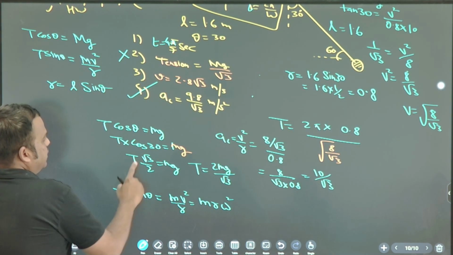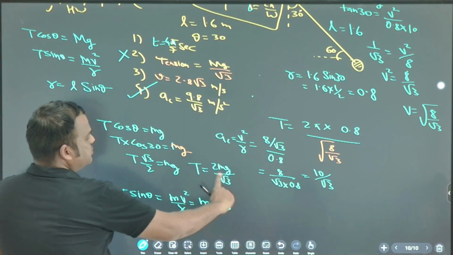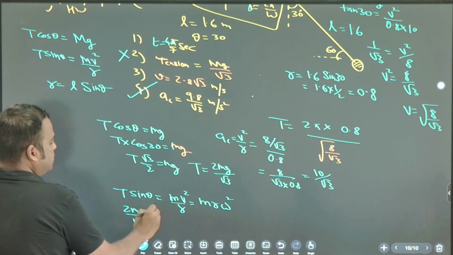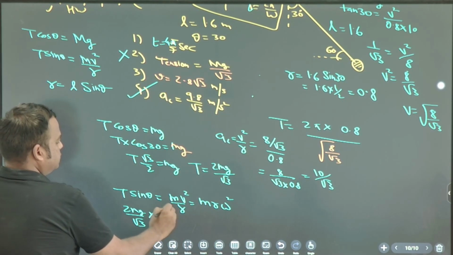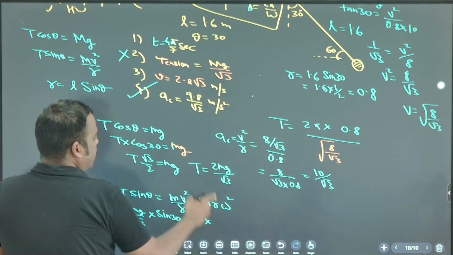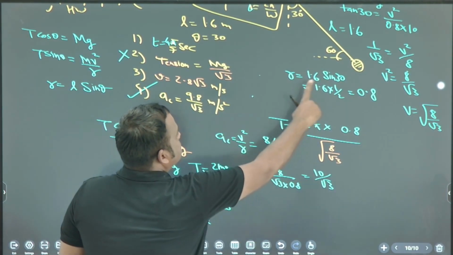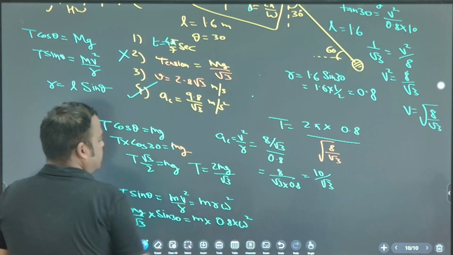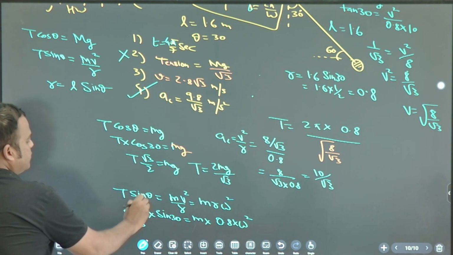So T we got, T is 2 mg by root 3, 2 mg by root 3 sine 30, 1 by 2, then m r also we got 0.8 into omega square. Okay, understood? Cancel.